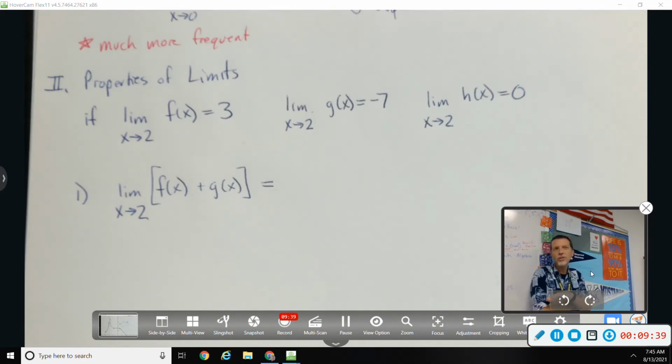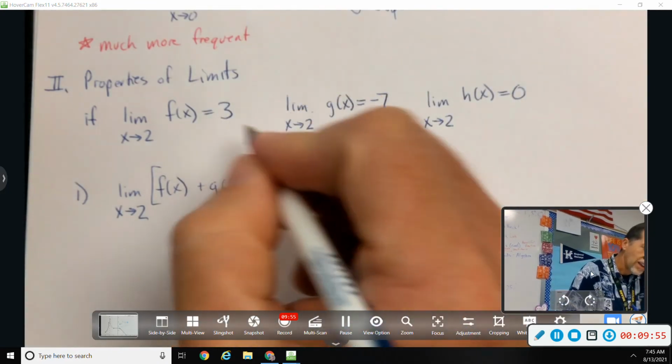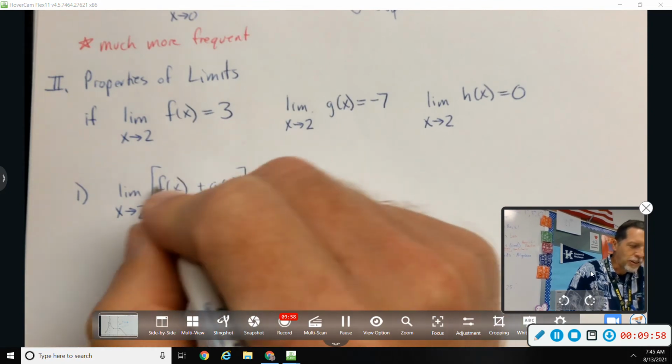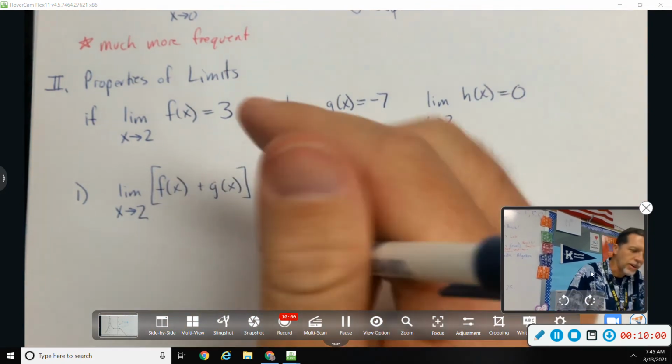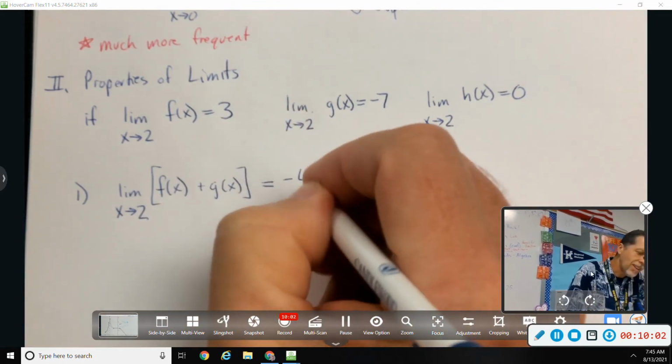Now, if I told you this was straightforward and there wasn't anything tricky about it, give me a guess. What do you think the answer to this problem is? -4. So, even though this is kind of new stuff, some of the usual rules still apply. It's not officially the distributive property of limits, but that's kind of what it is. 3 minus 7 is -4.